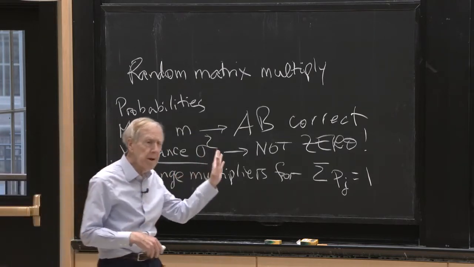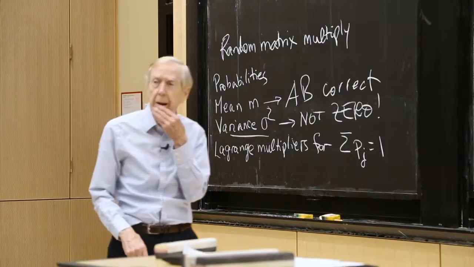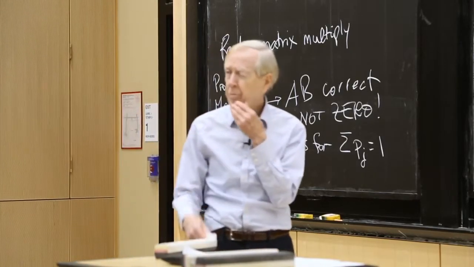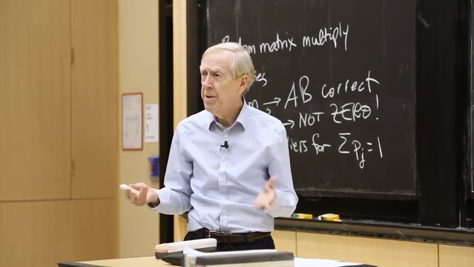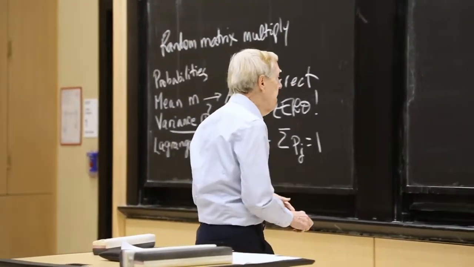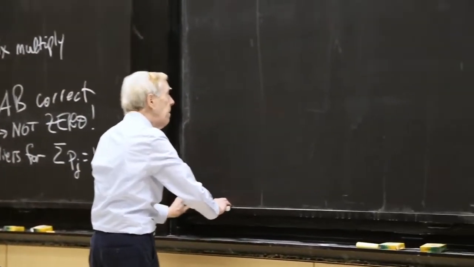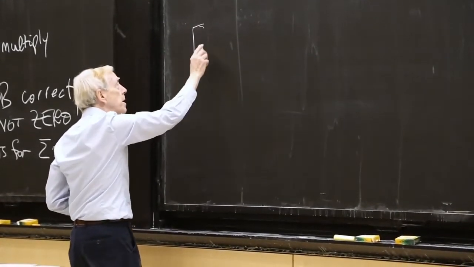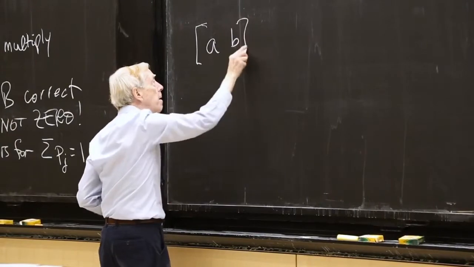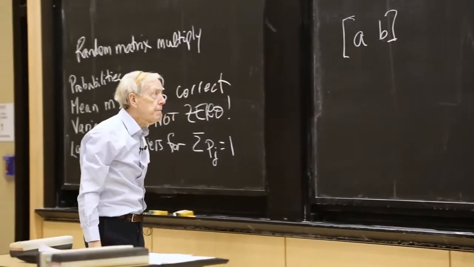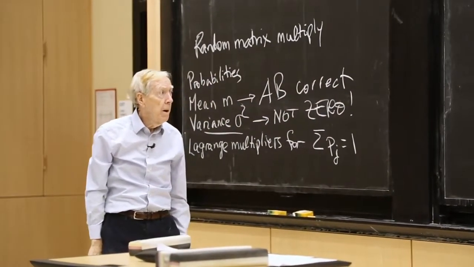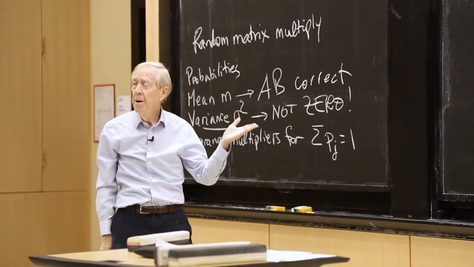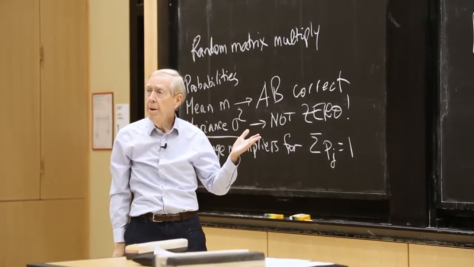So basically, let me do a practice example to kind of recall what mean and variance are about. So let me take a matrix that's 1 by 2. So my matrix is just going to be A B. I'm going to sample that twice.